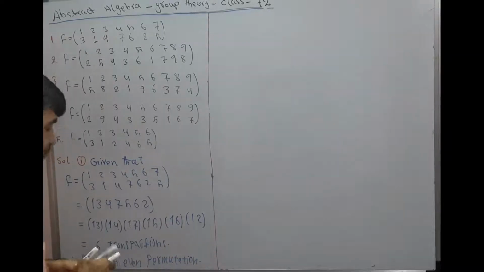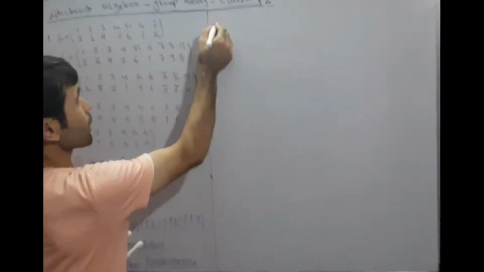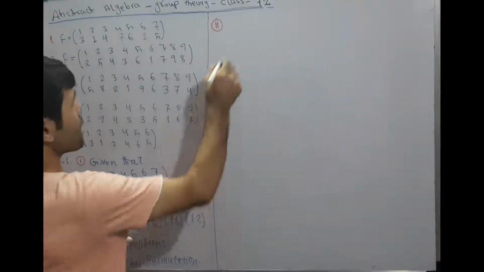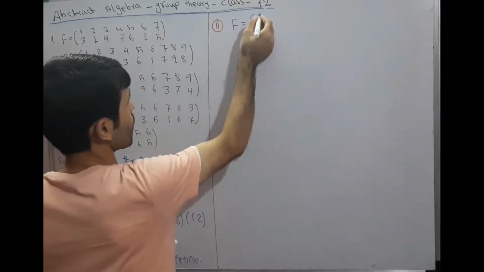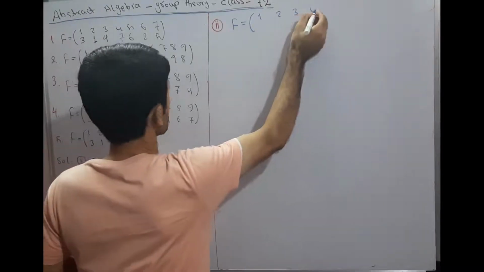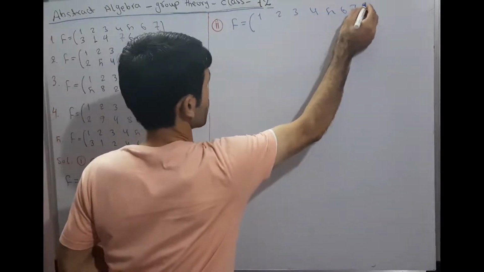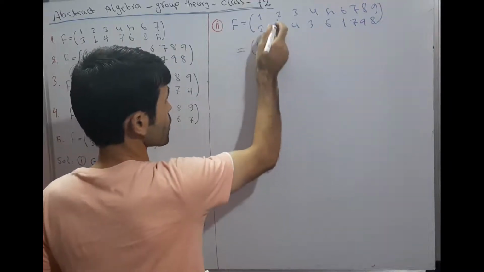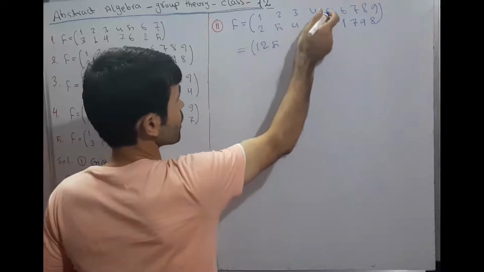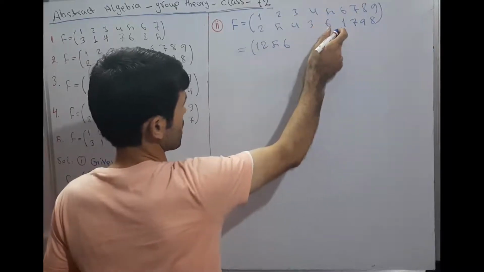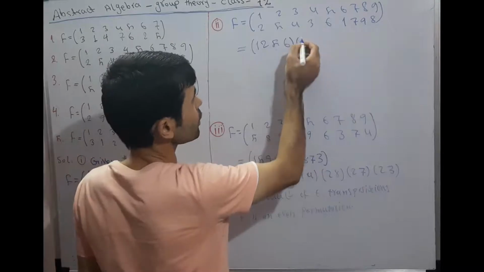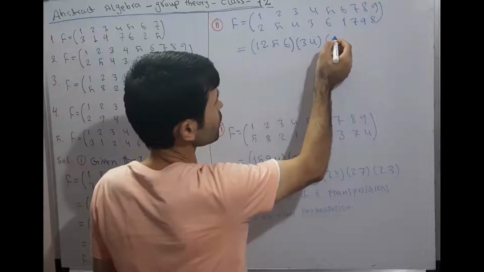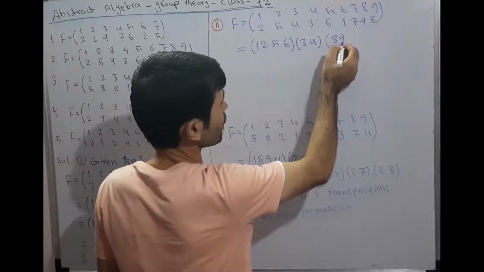Second one, number 2. f is equal to (1 2 3 4 5 6 7 8 9 / ...). Image of 1 is 2, image of 2 is 5, image of 5 is 6, image of 6 is 1. Into (3 4), 4 goes to 3. Into (8 9).